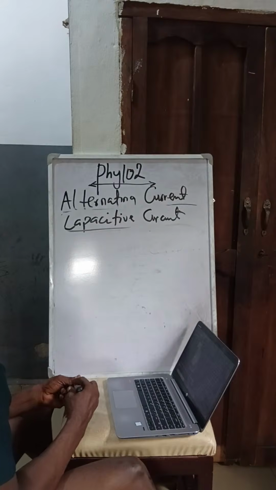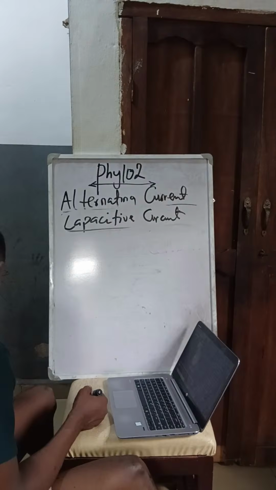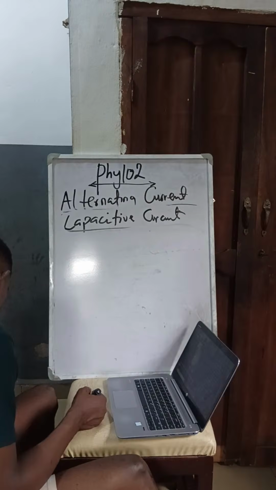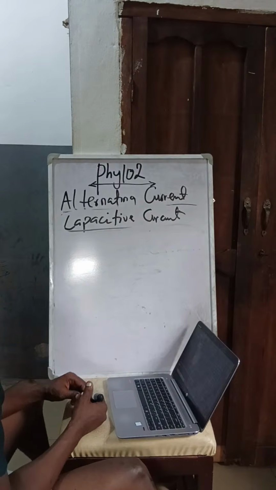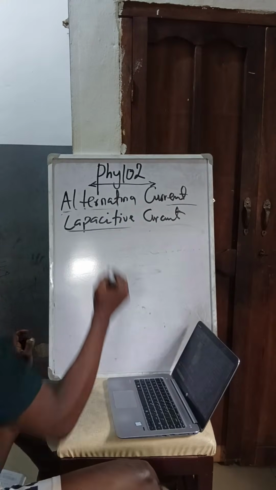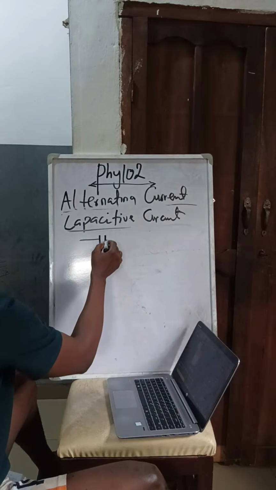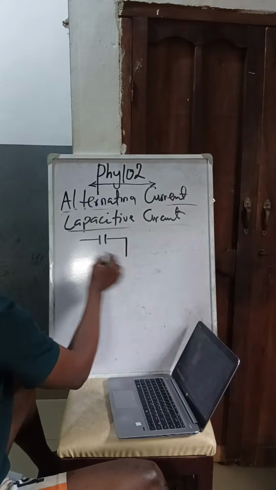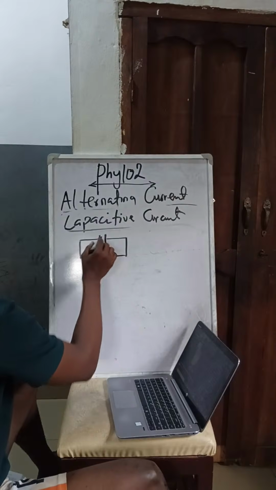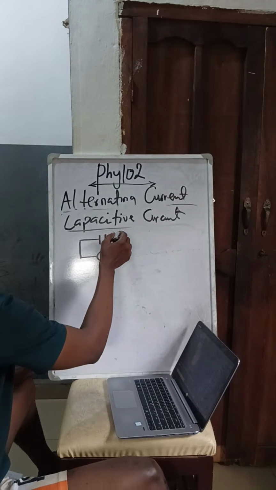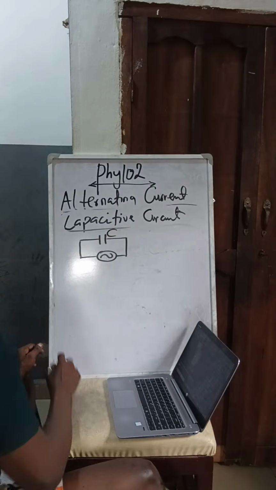So for a capacitive circuit, when we connect a capacitor to a voltage source, an AC circuit, when you see something like this, an AC circuit, and this is a capacitor, okay?